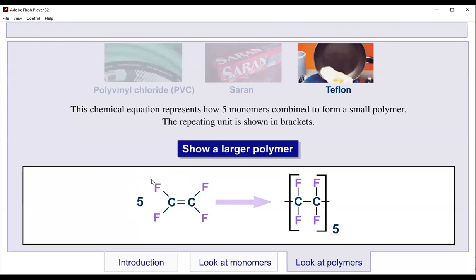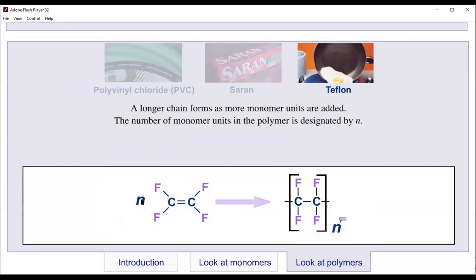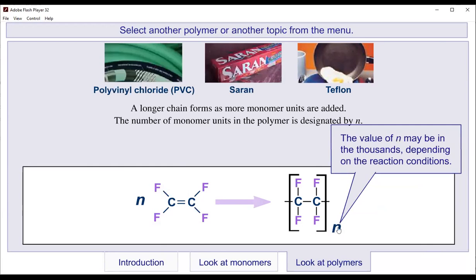So this is 5 of these monomers in the polymer, but most polymers, you'll have a lot more than 5. So all of the monomers go into the polymer, usually in the thousands, and you end up with this, which is not a solid, but it is a Teflon coating that is added onto these metal pans. Okay, so that's what I have.